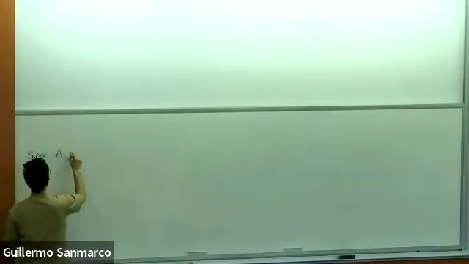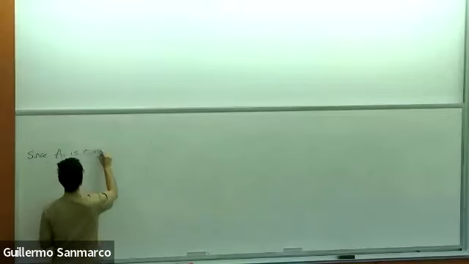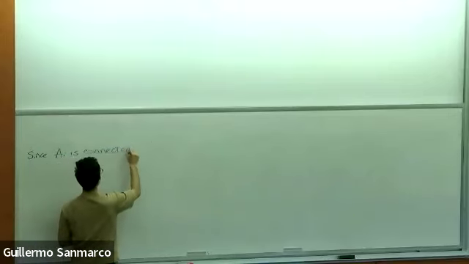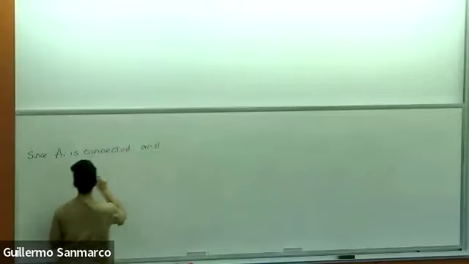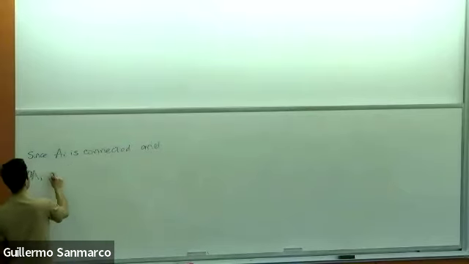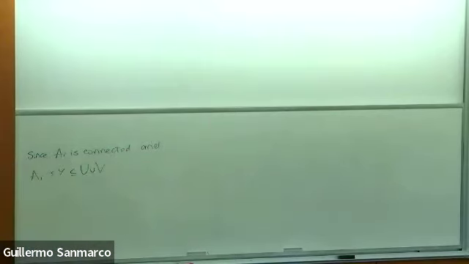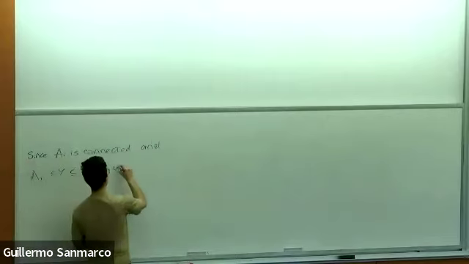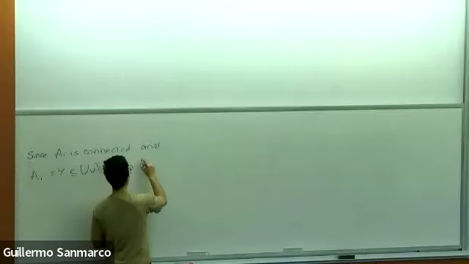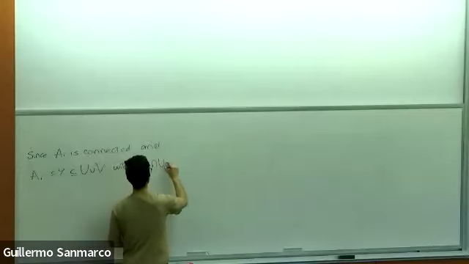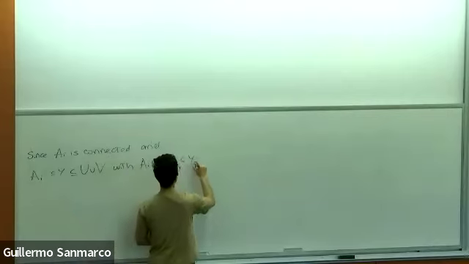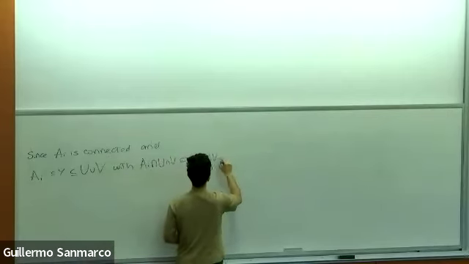So since A_i is connected and A_i is a subset of Y, this is not the important part, this is the important part. A_i is inside the union, with A_i intersect U intersect V a subset of Y intersect U intersect V, which is empty.